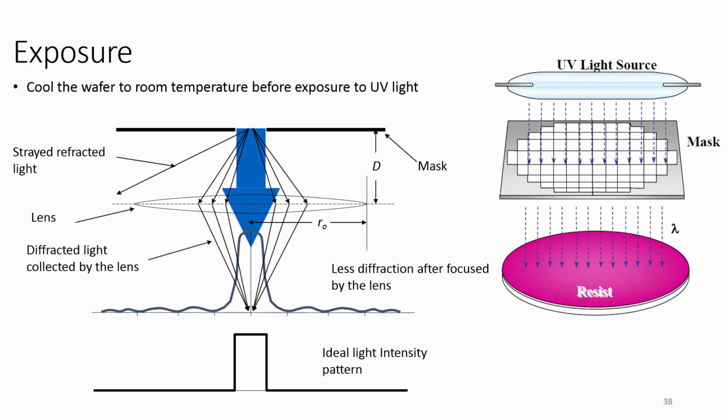After soft baking, we have to align the mask. First load the mask and then align it with the spin coated wafer. After you align the mask, you perform UV exposure. So, you should have a UV light source.